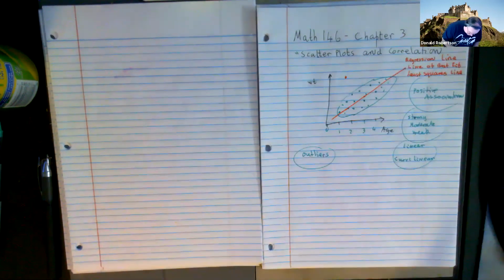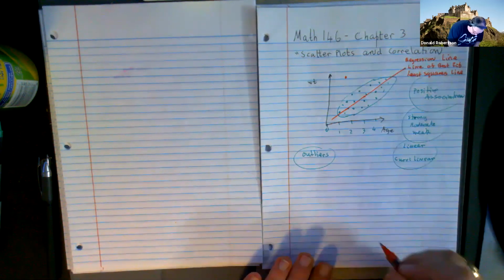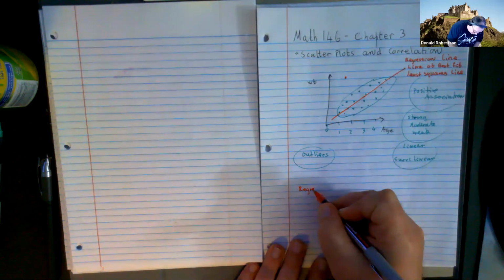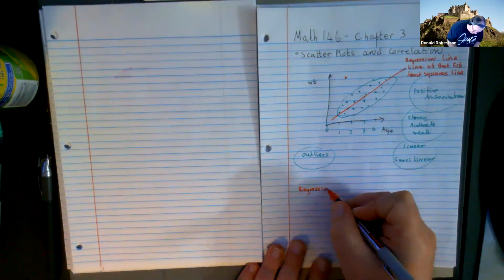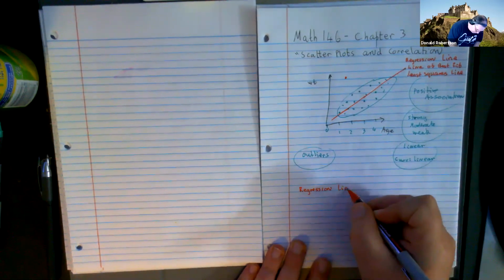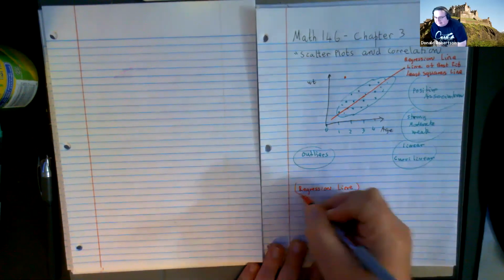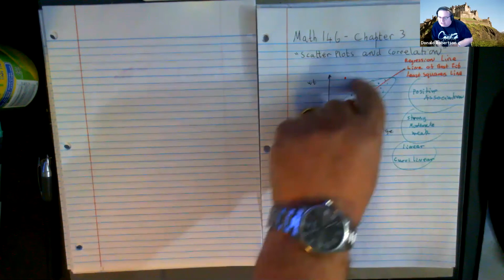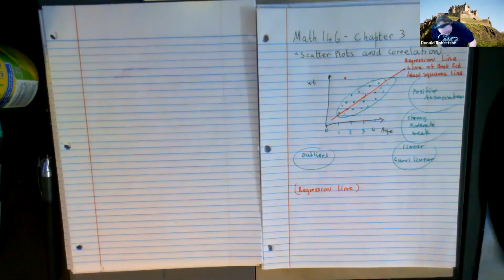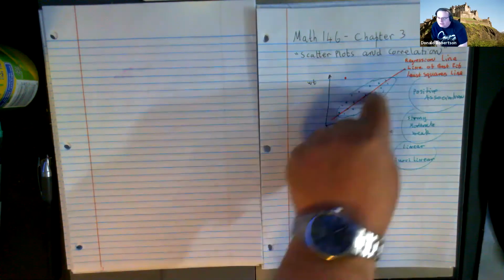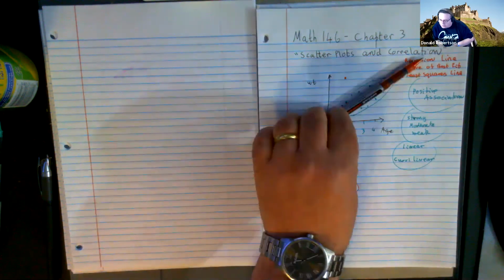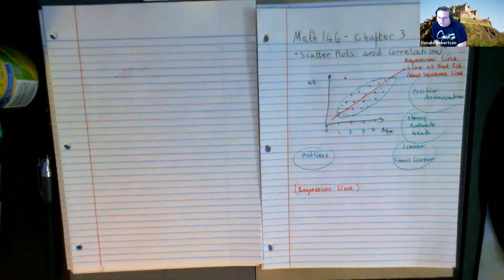Now, the name that this book is going to use is regression line. So I guess that's the one I'm going to use, right? So if you have a scatter plot, there is a unique line. There is one line that is a better fit to the data than any others. Now, if you think about it, there are lots of possible lines I could do. So what does the best fitting straight line look like?